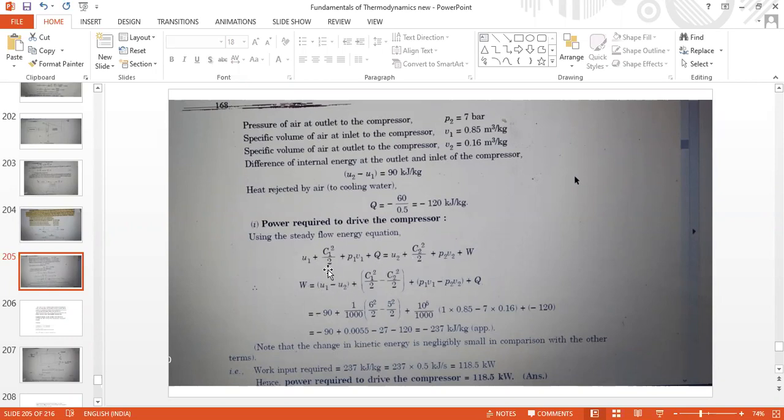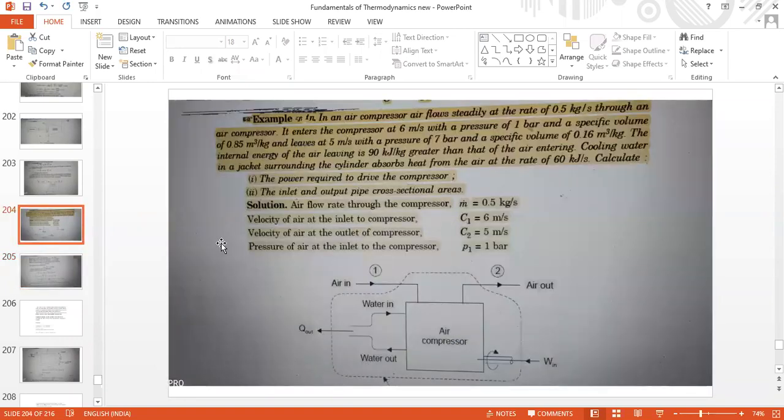It is written in terms of U1 plus P1 V1 because in the problem the internal energy may be given. What is given in the problem is written in the solution.